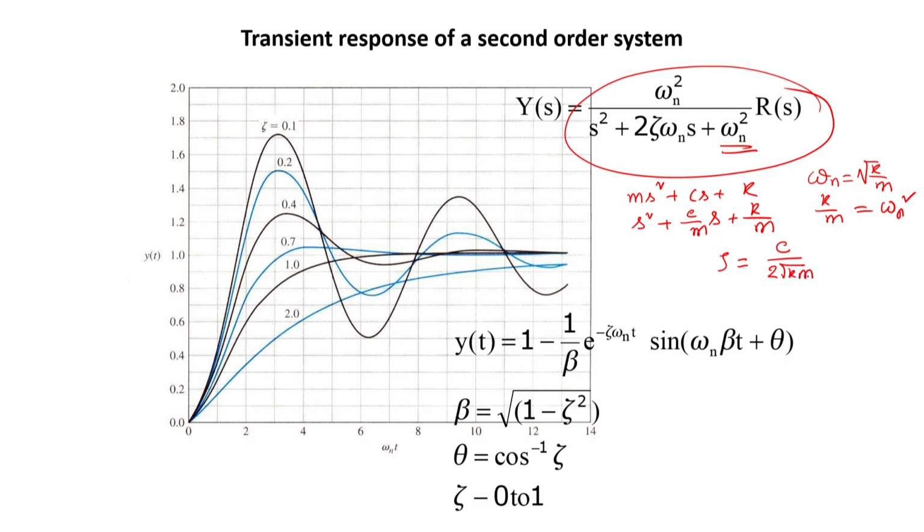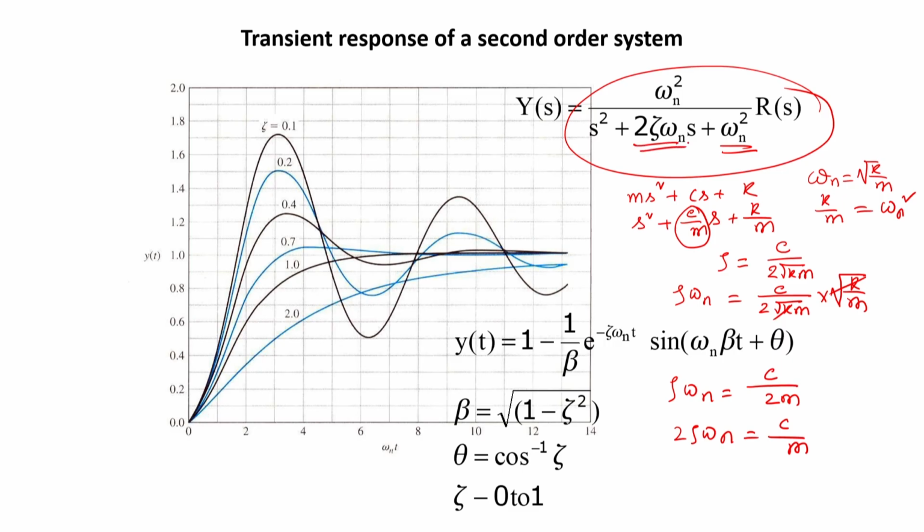So, this definition tells me that zeta times omega n will be c over 2 root k m into root k by m. That k will cancel. So, zeta omega n will be nothing but c by 2m. That means 2 zeta omega n will be nothing but c by m. So, we have a c by m here, that would become 2 zeta omega n. That is the representation of the system.